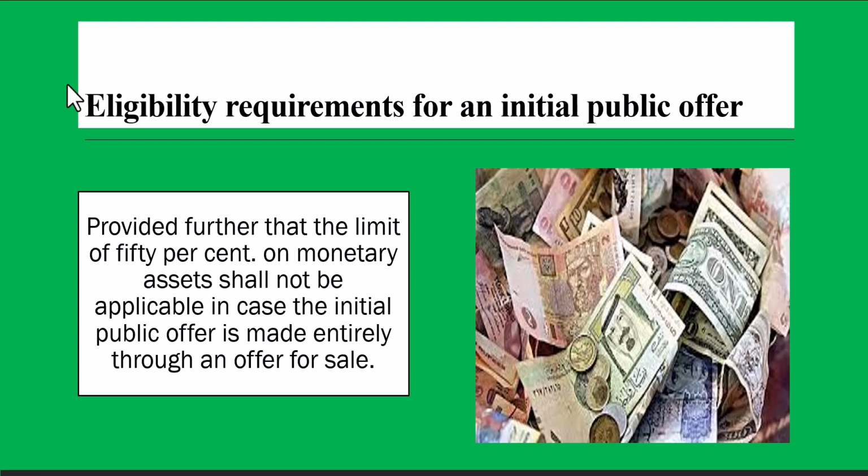Give an example of an offer for sale, like IRCTC or LIC, where the government was making a disinvestment in its own shares. They were offloading their shares to the public. So that is not applicable.